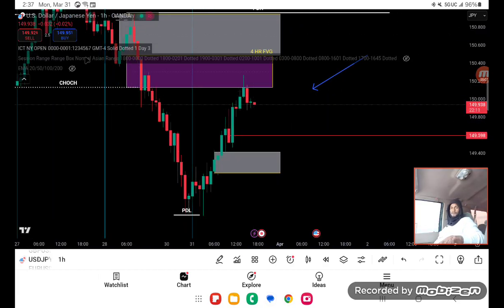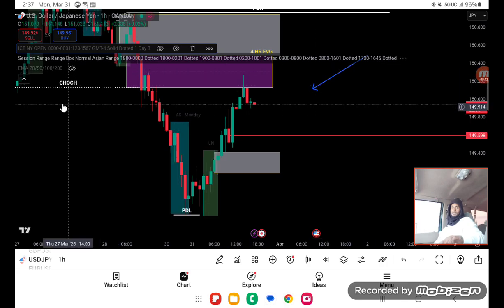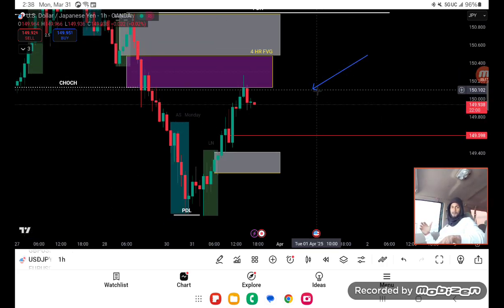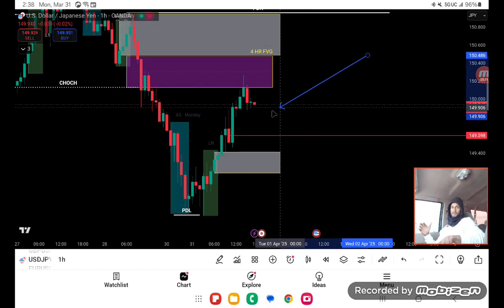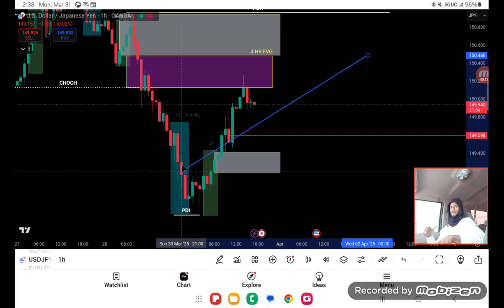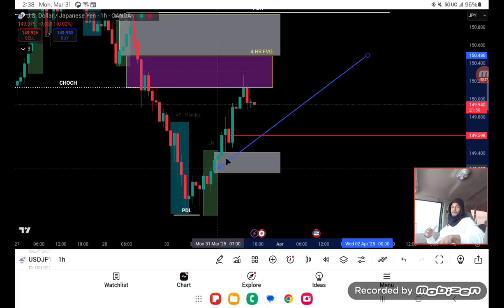I'm going to take off this indicator and put on the sessions indicator, which marks up Asian session range in this blue shaded area right here, and London session in this green shaded area right here.